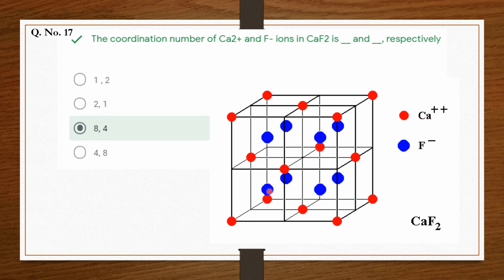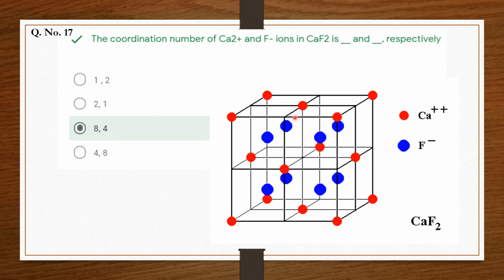Since the fluoride ion is in the tetrahedral hole, it will be surrounded by 4 calcium ions. Suppose you consider this fluoride ion, 1, 2, 3 and 4 of these calcium 2 plus ions will be connected to the fluoride ion. So the coordination number of fluoride ion is 4.